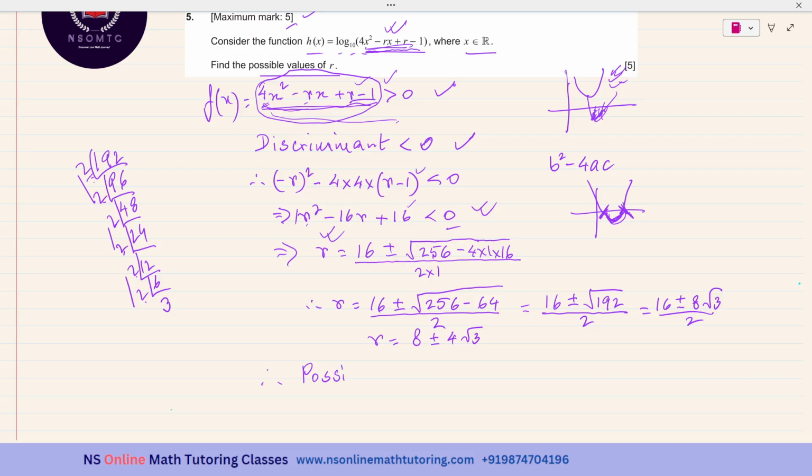Possible values of r will be 8 minus 4 root 3 is less than r, and r is less than 8 plus 4 root 3.